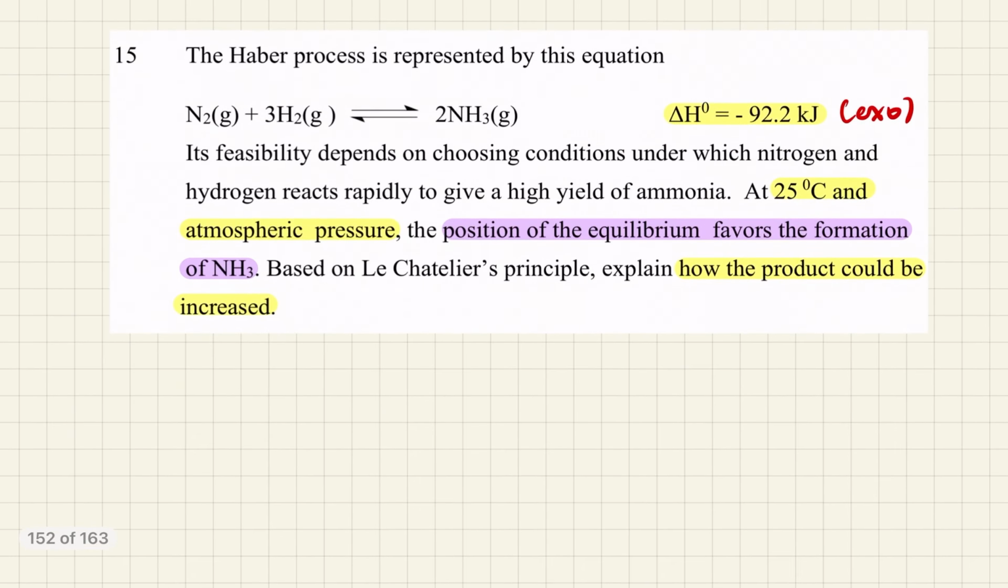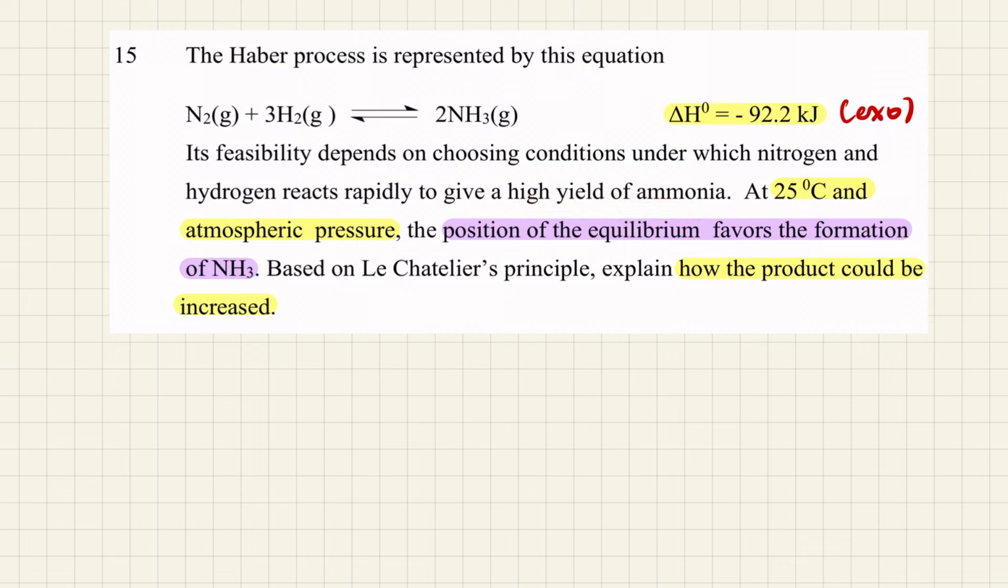Okay, alright. Next, number 15. So the Haber process is represented by this equation with this delta H exothermic reaction. So its feasibility depends on choosing conditions under which nitrogen and hydrogen react rapidly to give high yield of ammonia.